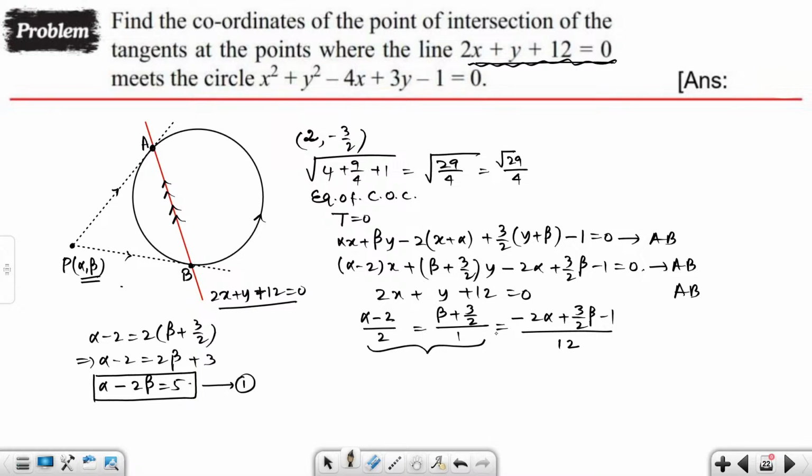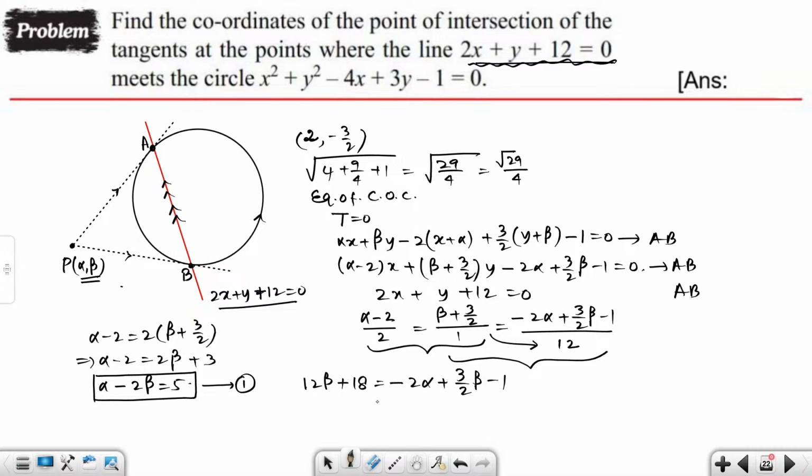Now what is the other equation? Let me just multiply this with this. I mean, I'm taking this 2 and I'm solving it. So what we are getting? 12 beta plus 18 equals minus 2 alpha plus 3/2 beta minus 1, right?